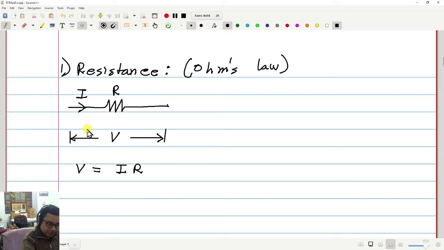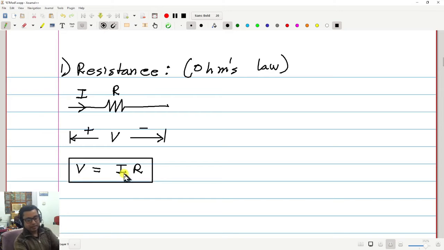I have to put the plus minus sign, without which this is not correct. If the current is flowing from left to right, and I am considering the left side to be at higher potential, then Ohm's law says the voltage and the current are related by this equation.